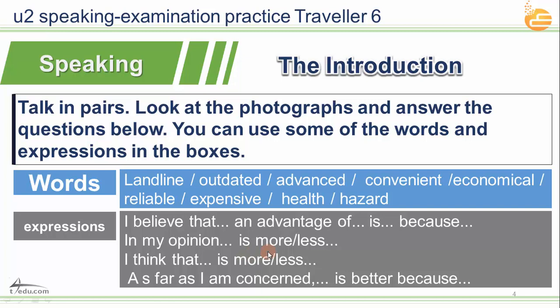"In my opinion, it's more or less always because..." You need to support your opinion with examples. "As far as I'm concerned, I think it's better because 1, 2, 3." So always try to say "because" and give examples to support your opinion, so you can defend it, your listeners will listen to you, and you may convince them in the end.